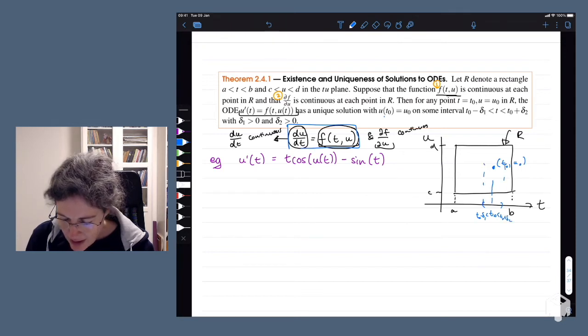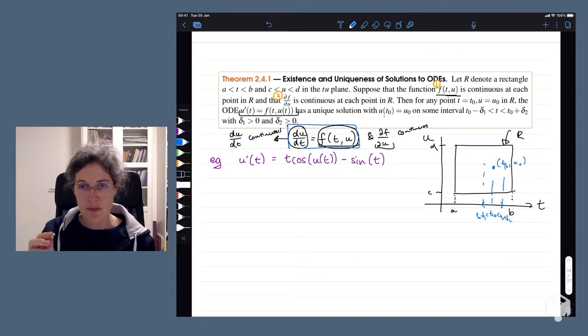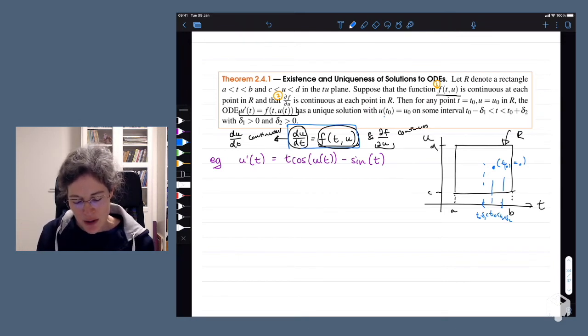So this sounds very complicated, but really all we're saying is that if you have a function f, which is a function of t and u, and it's continuous, and its partial derivative with respect to u is continuous, then if we're trying to find a solution to the ODE du by dt equals f of t and u, and our f meets these small criteria, then we can, at any point, find a solution for some region around that point.